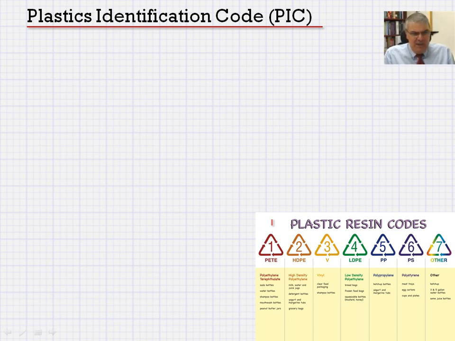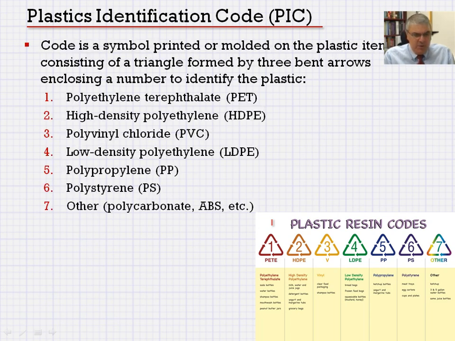Now, the industry has come up with something that makes the recycling of plastics easier, and that is the plastics identification code. On every plastic product, there is this plastic identification code.